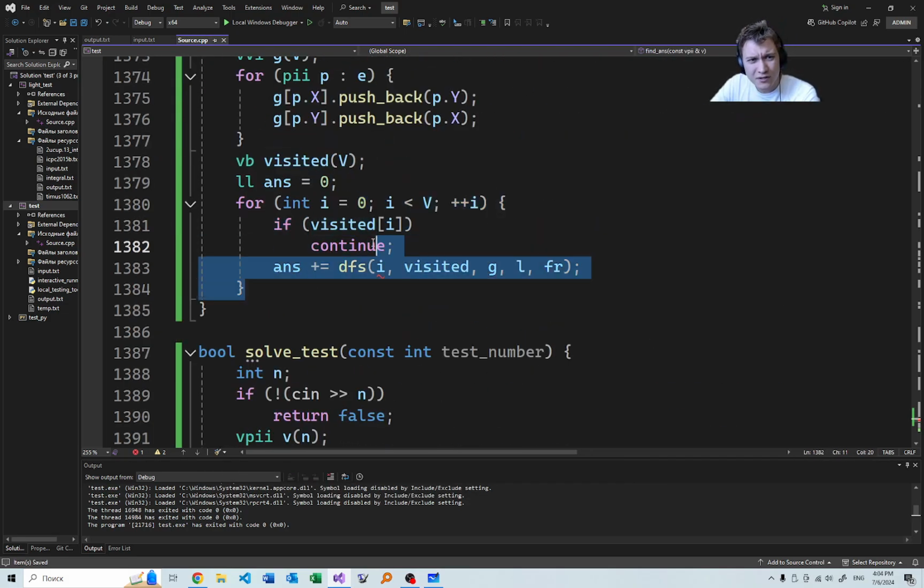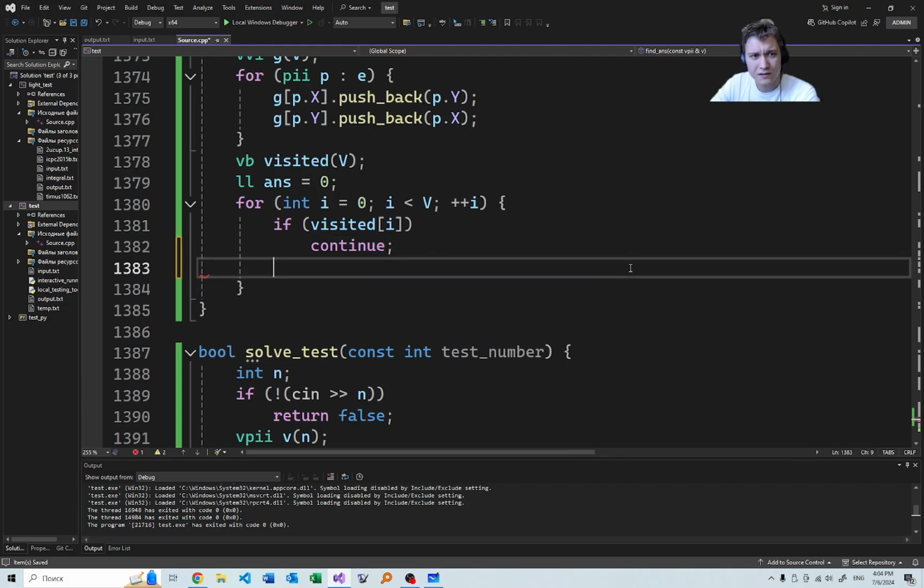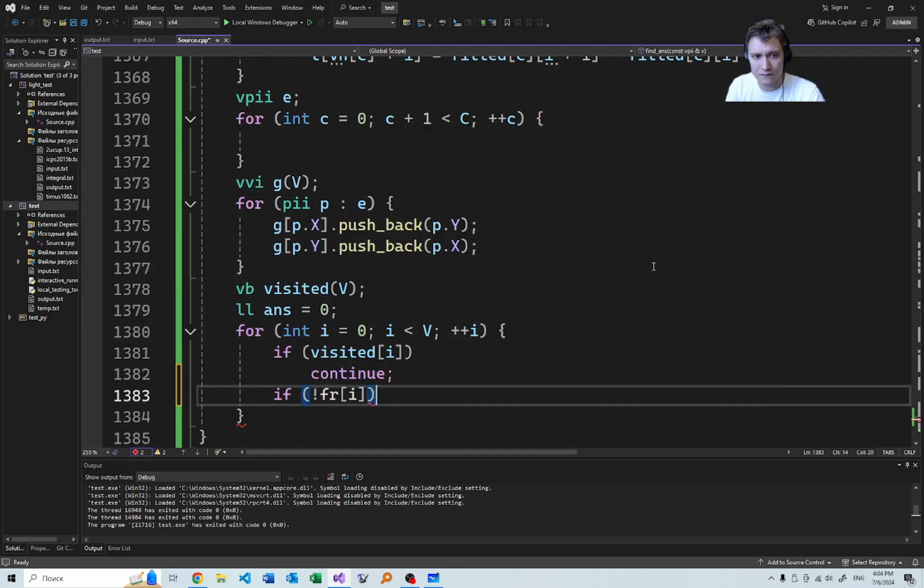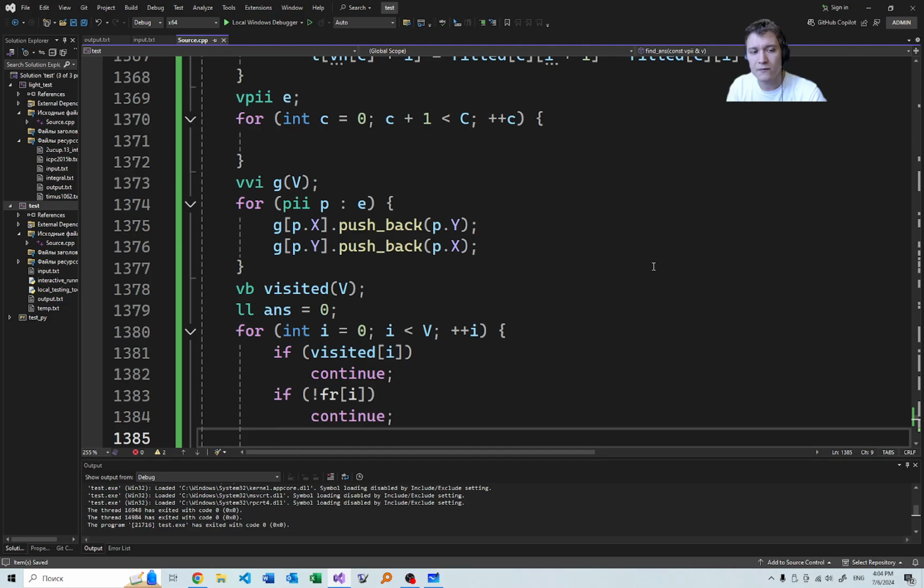What I want is to propagate the state of being free to all vertices which are reachable. So DFS simply runs like this.